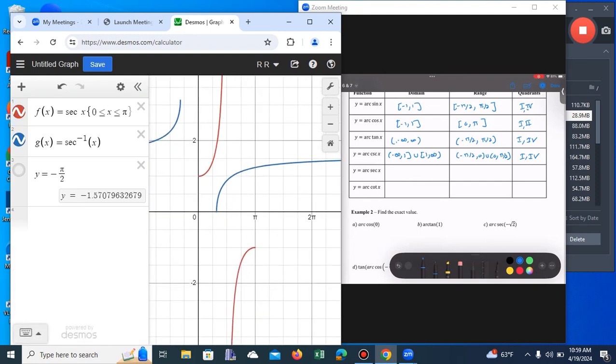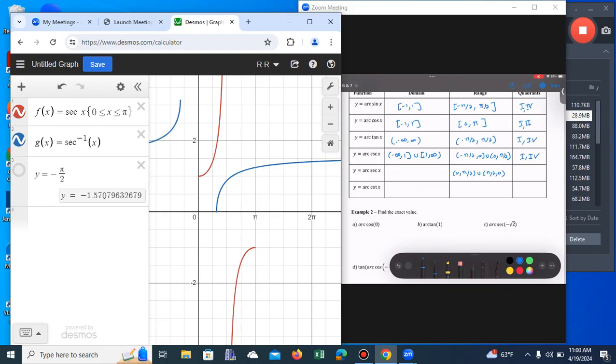So this is where the restriction happens. And so our range is from 0 to pi. You do have a horizontal asymptote though at pi/2. That'll be 0 to pi/2, union pi/2 to pi.